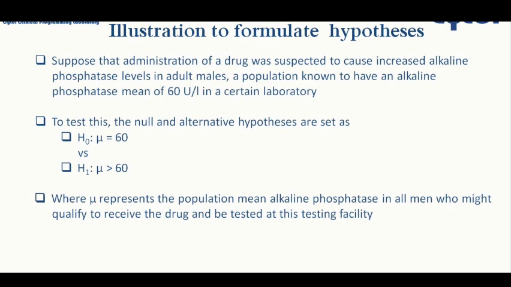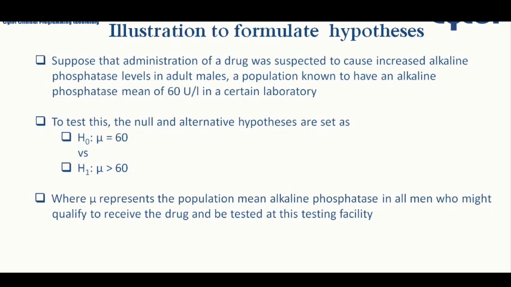We tried to understand some terminologies like hypothesis, level of significance, type 1 error, type 2 error and power of the test. After formulating the hypothesis, we have to conduct a statistical test.